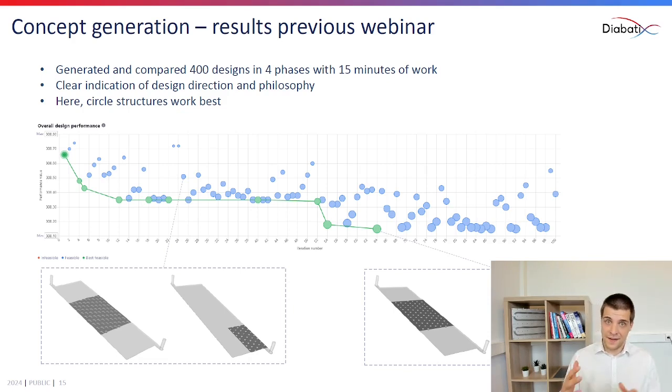So basically, it gives you insight into splitting that design domain, does that make sense or not? It also showcases what works and what doesn't. We immediately noticed that the circular dimples outperform the rectangular dimples, so we knew to continue with those.